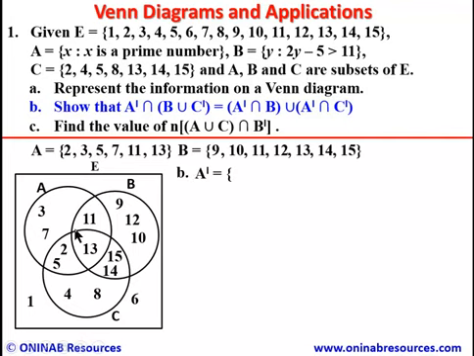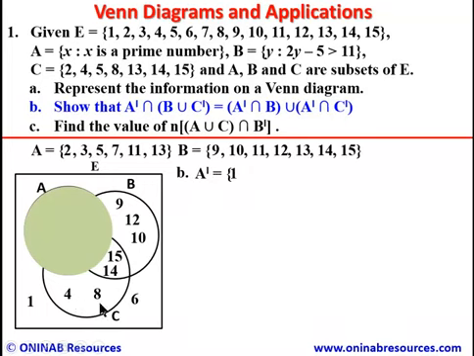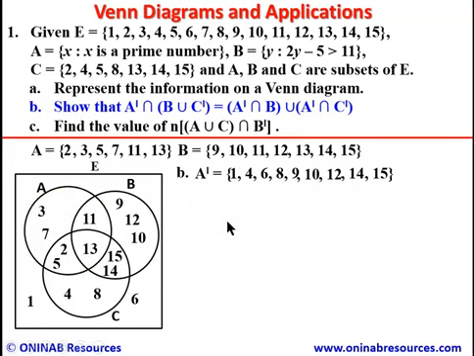So we now cover set A. Whatever we see outside the circle of A constitutes A prime. So we have 1, 4, 6, 8, 9, 10, 12, 14, and 15. This is A prime.